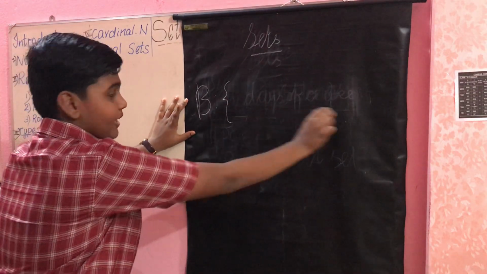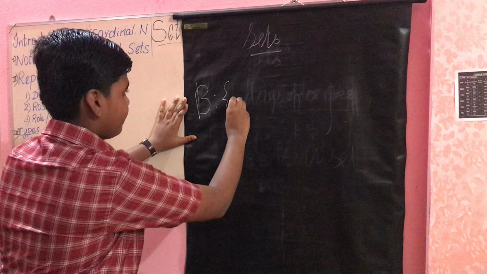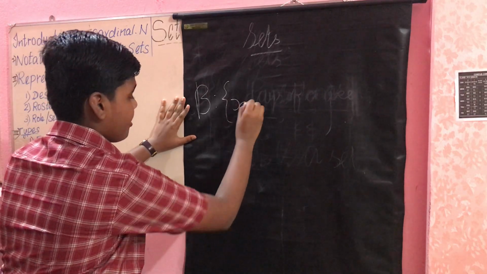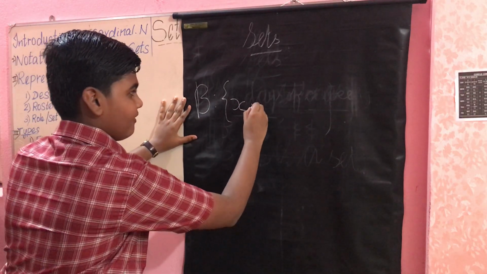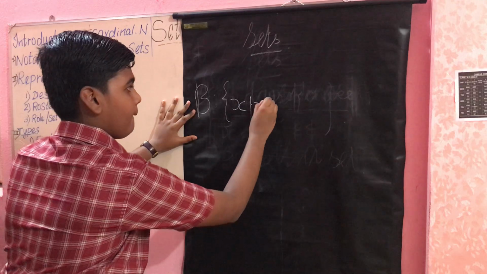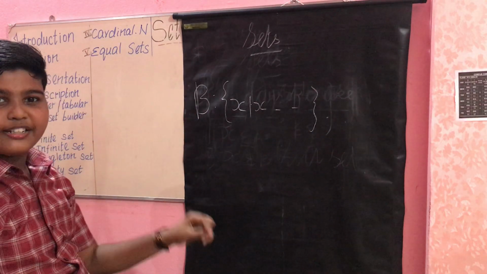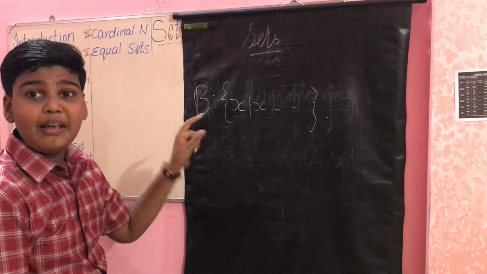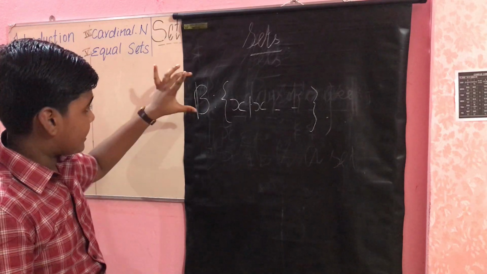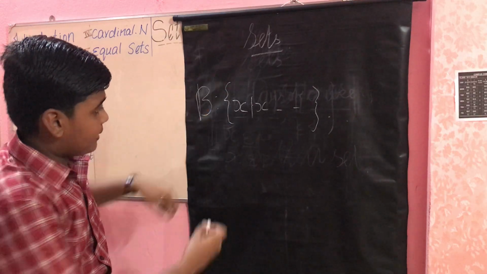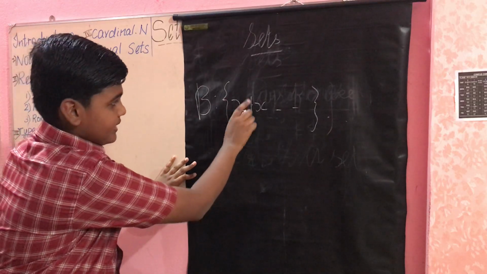Do you think we'll be writing it directly? No. Can you understand anything? So we'll be writing the set in the capital letter and its members in small letter x.